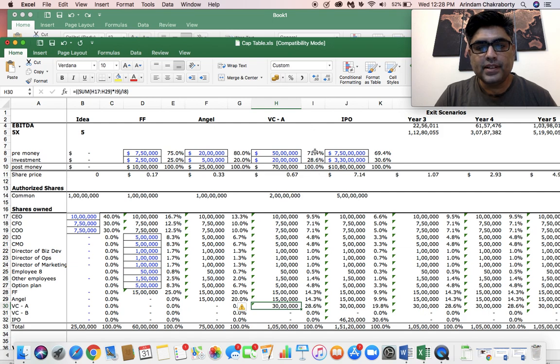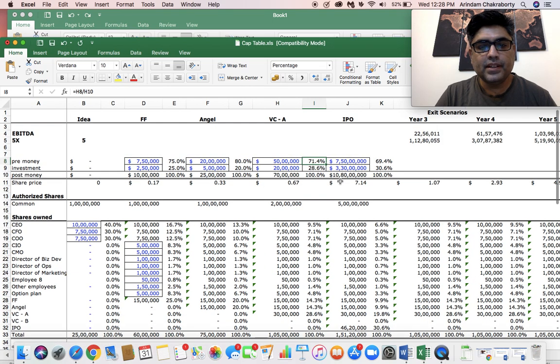If you want to understand how this computation is happening, this is H8 by H10. H8 stands for your pre-money valuation, and H10 is the total valuation that is happening, right? So this is a composition of H8 to H9, right? Just a second.